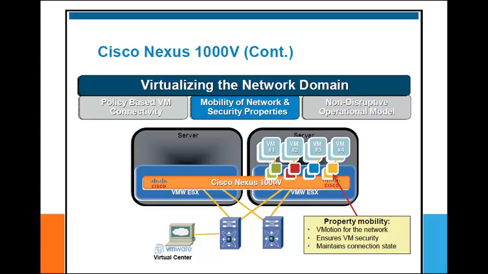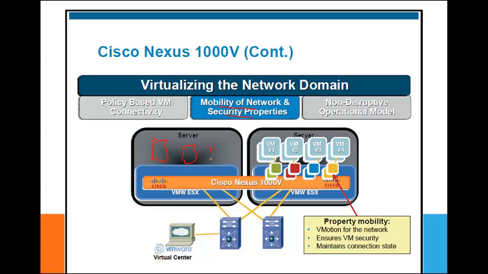Now one beauty here is we are not really focusing on high availability in this place. In this place what we are seeing is when you transfer VMs from one server to another server for some reason, we are not going to lose any security policies that were there when the server was here.